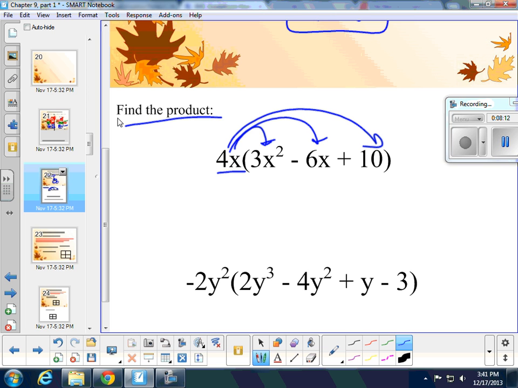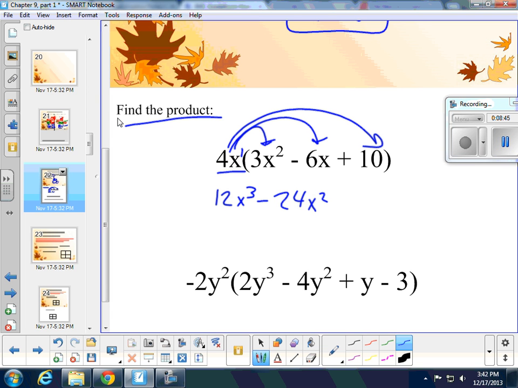4x times 3x squared, well, 4 times 3 gives me 12. And x times x squared, well, now it's like I'm multiplying 3 x's together. I have x squared times another x. So that's like multiplying 3 different x's together. So it's x to the third power now. Or again, I could think of adding my exponents. 1 plus 2 gives me 3, using that rule from chapter 8. 4x times 6x would be just minus 24x squared, because when I take x times x, I'll get x squared for that middle term.